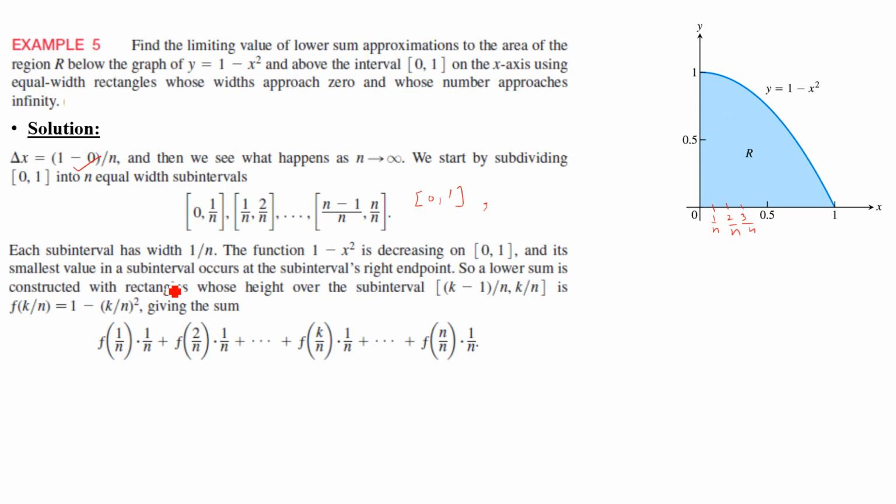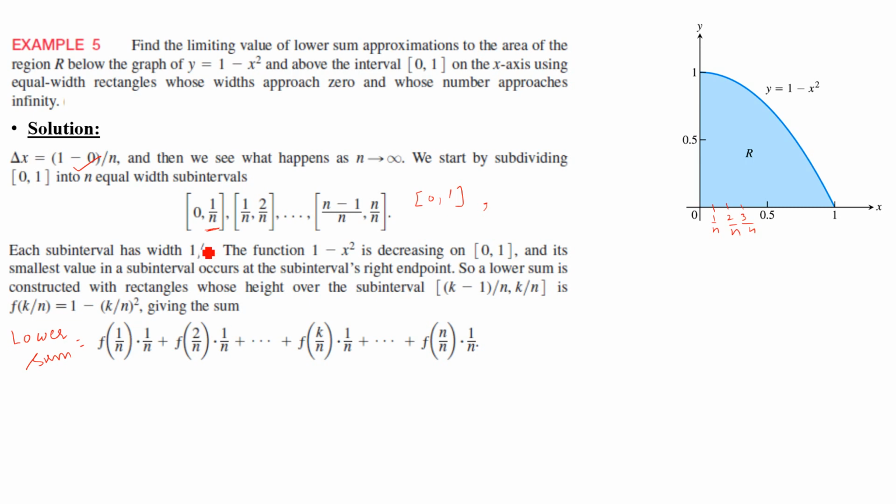So we'll use the value of the function at the right end of the interval as the height of the rectangle. So the lower sum becomes f of 1 over n multiplied by 1 over n, which is the width of the rectangle, and f of 1 over n is the minimum value of the function in the interval.